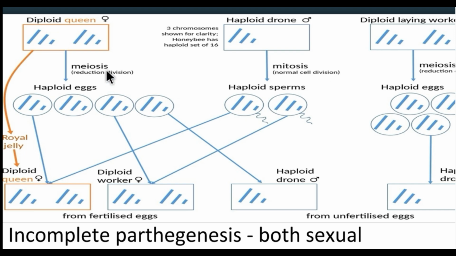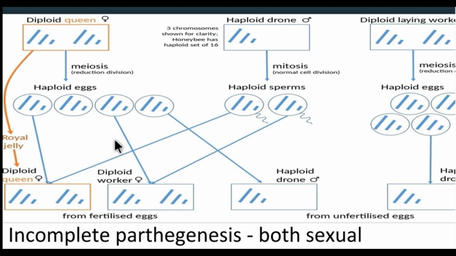Here is the diploid number. Here meiosis division occurs, and in the drone only mitosis division occurs. Haploid sperms, only two sperms, are produced. One sperm joins a haploid egg to form the fertilized egg, which becomes the queen. The chromosome number is diploid.